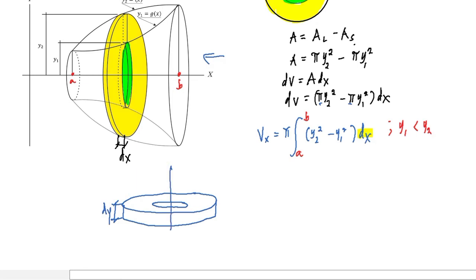So, and of course, from the axis, we have the radius for the smaller circle, yung hollow, no? That is equal to x sub 1, and the radius for the bigger circle is x sub 2. So, we would have here our volume is equal to pi integral of x sub 2 squared minus x sub 1 squared multiplied by the thickness of dy.